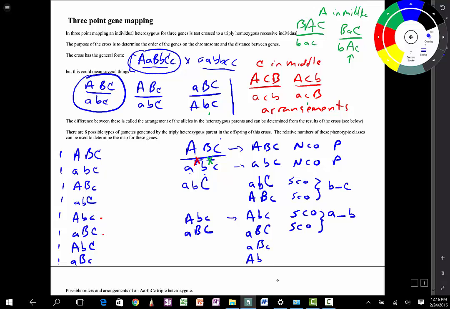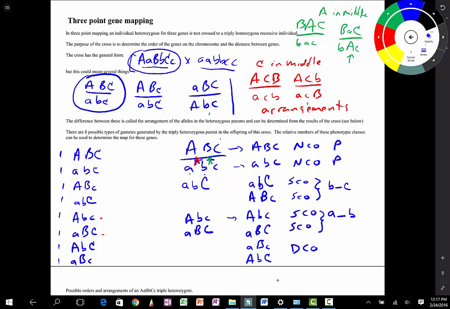Or big A, little b, big C. And so if you compare these double crossovers, there's a crossover between A and B and a crossover between B and C. It looks like the big B and the little b switch sides. The stuff in the middle flips.